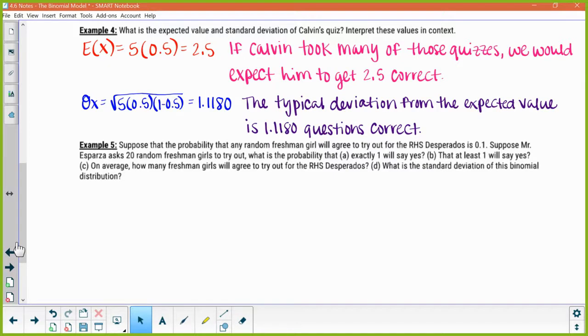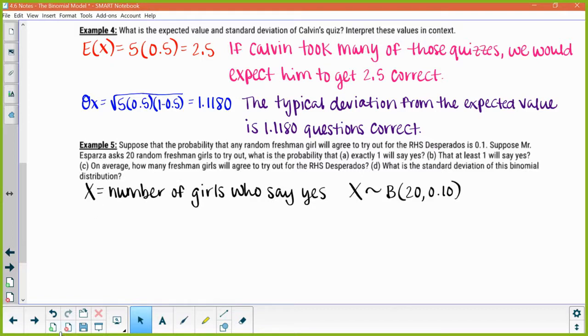And the last one is asking us the question, suppose the probability any random freshman girl will agree to try out for Desperados is 0.1, and Mr. Esparza is asking 20 random girls to try out. What is the probability that A, exactly 1 will say yes? So this, I'm just going to go straight to my calculator. First let's define X to be number of girls who say yes.